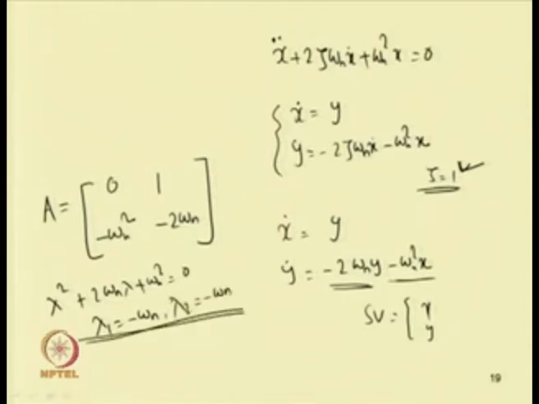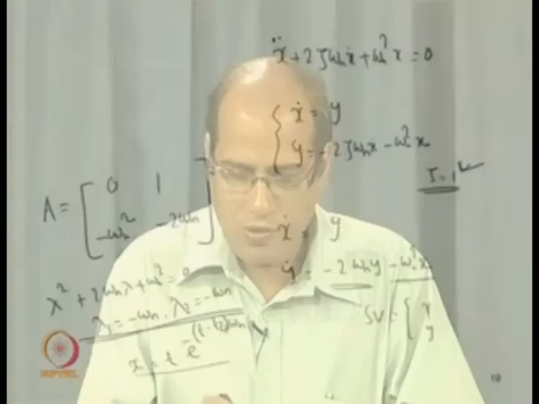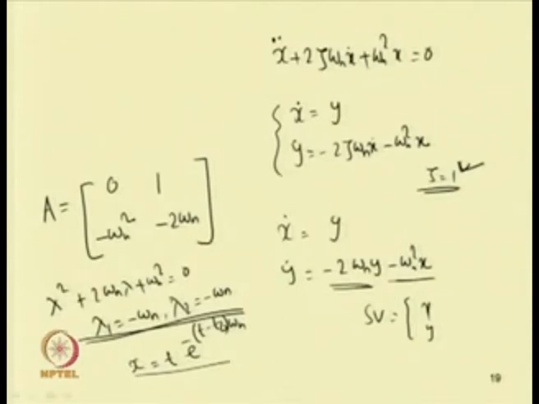According to this, our solution becomes t into e to the power minus t0 omega n, the formula we have derived before. Using that formula, or directly from this case, we can write the solution in two different forms.